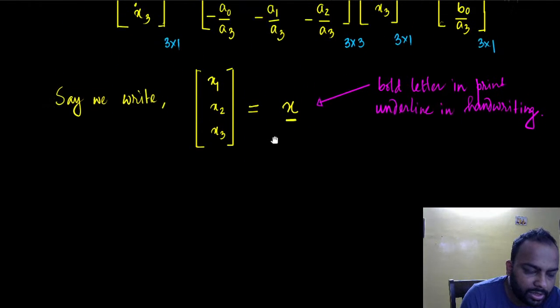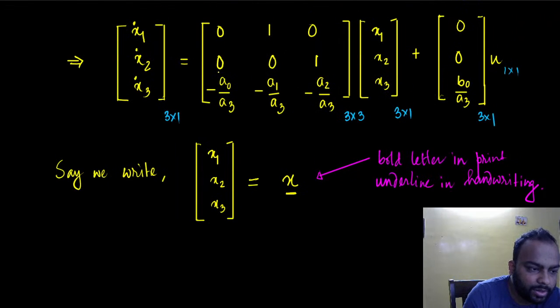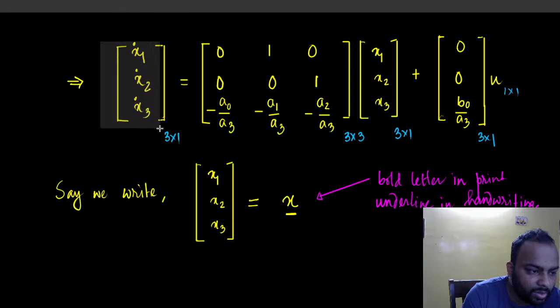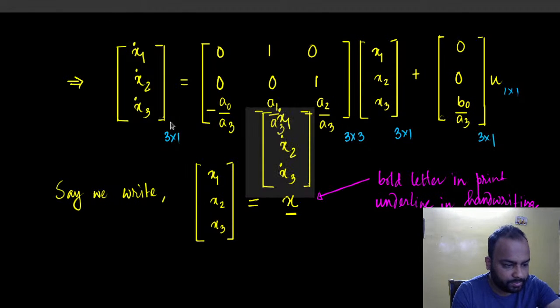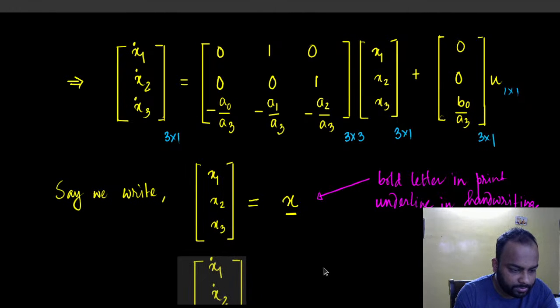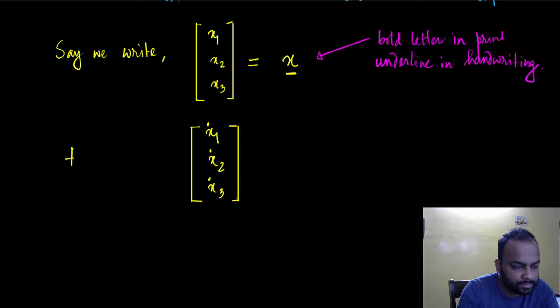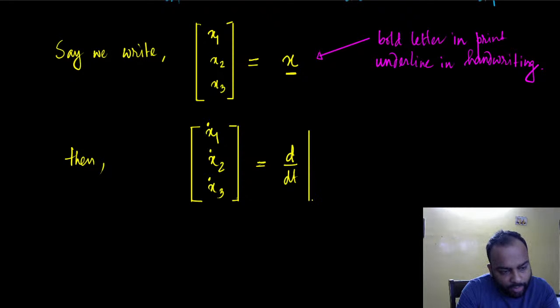And what about the next one? Then what is this derivative? This is essentially the first order derivative on top of x1, x2, x3, this vector.